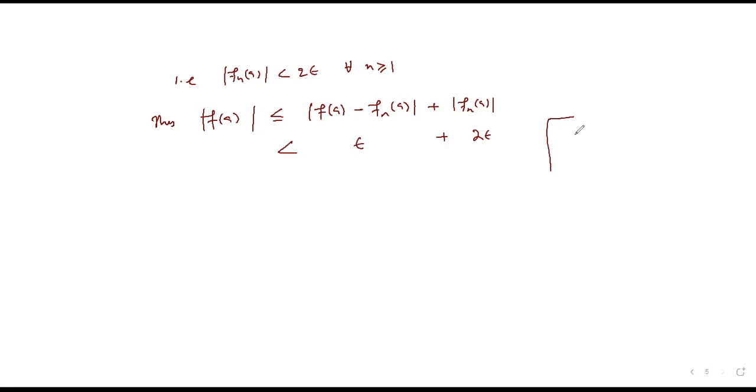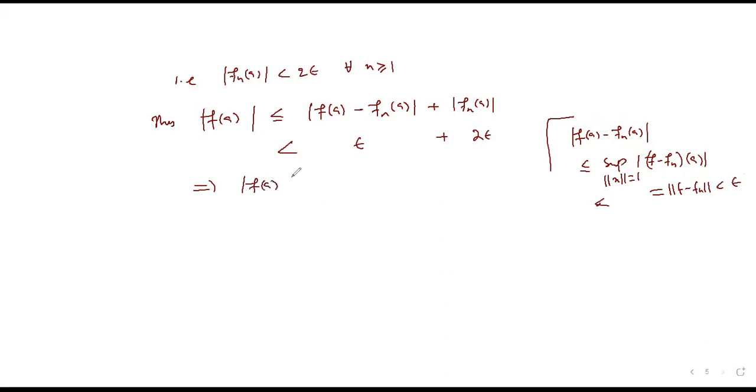The reason: f of a minus fn of a is less than or equal to the supremum over norm x equal to 1, because norm of a is equal to 1, of f minus fn applied to x, which is the same thing as norm of f minus fn, which by our choice is less than epsilon. So it means that f of a is less than 3 epsilon.